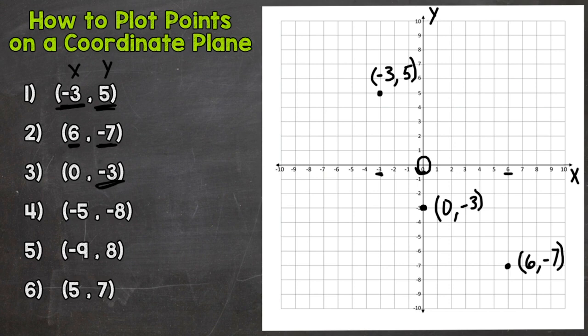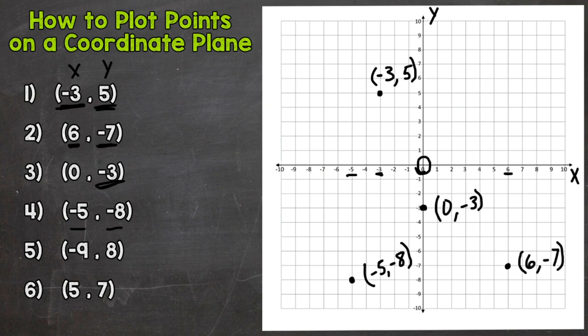Number 4, we have 2 negative numbers here, -5, -8. So let's start in the center here and go over to -5. And then we need to go down to -8 and find where they intersect and plot our point. Then we'll label -5, -8.